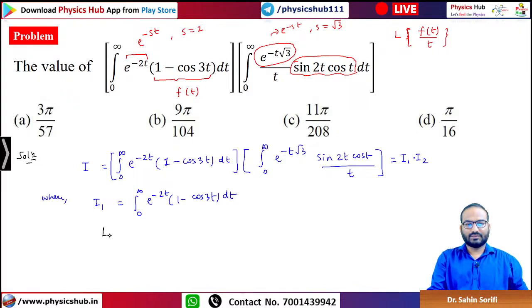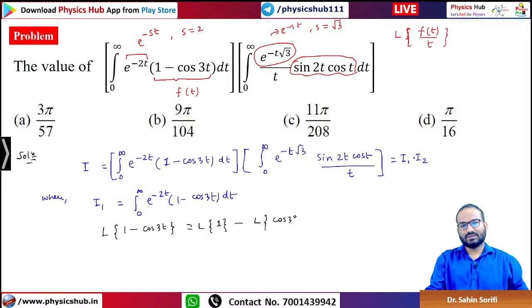So the Laplace transform of 1 minus cos 3t is the Laplace transform of 1 minus the Laplace transform of cos 3t, that is 1 by s, and for cos, s will come, s by s square plus 3 square.